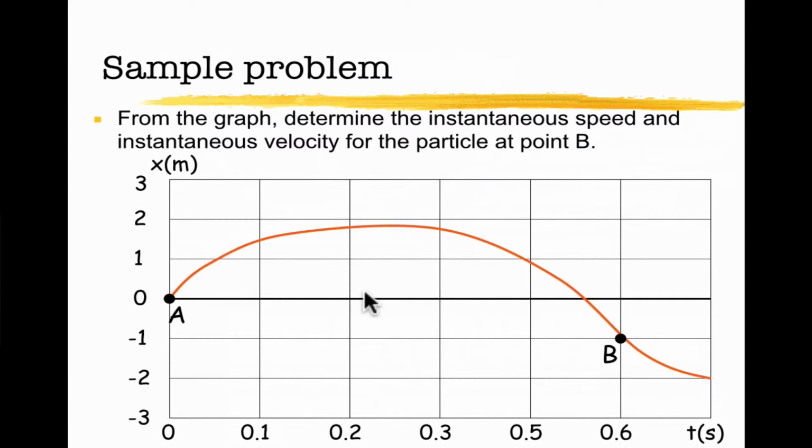So let's work out an example. From the graph, determine the instantaneous speed and velocity for a particle moving at point B. Okay, so for our instantaneous speed and velocity, well, if we want instantaneous, we're going to draw a tangent line as easy as we could.